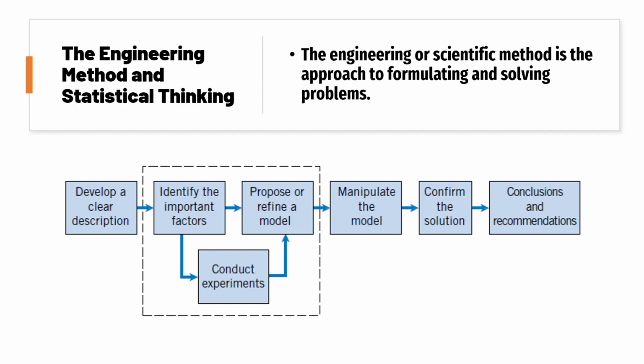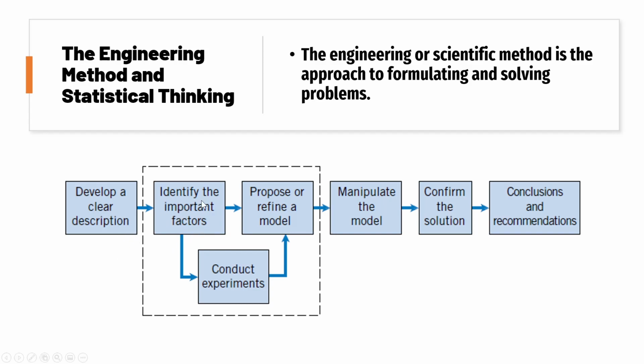The engineering method starts with developing a clear and concise description of a problem. In order to start any statistical thinking process and to use engineering method, the first thing that you need to do is to identify first a problem. After identifying the problem, you need to identify, even tentatively, the important factors that affect the problem or that may play a role in the situation.